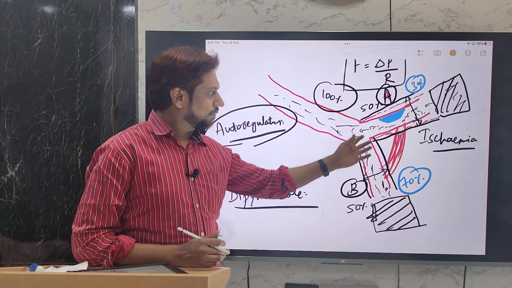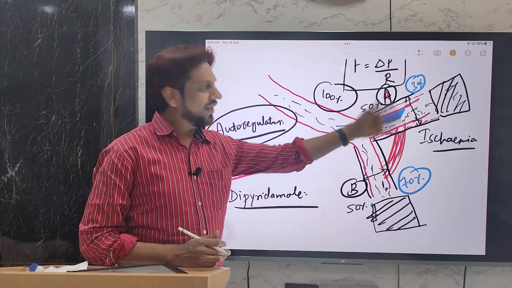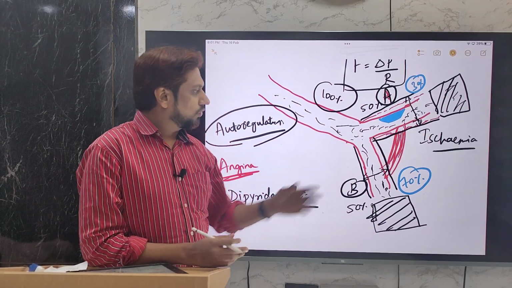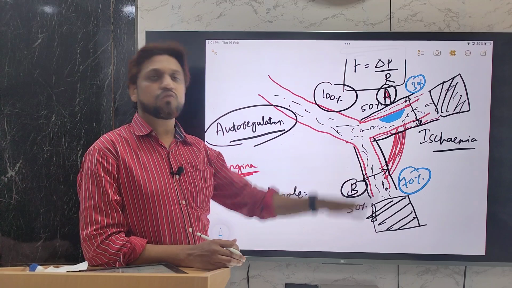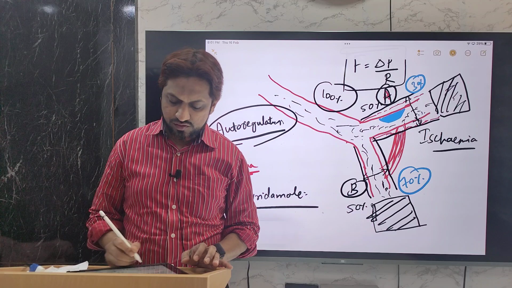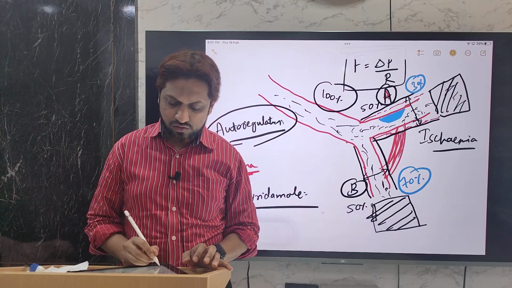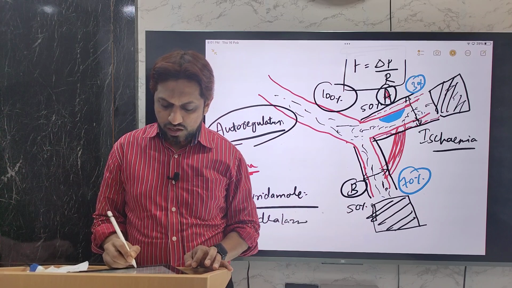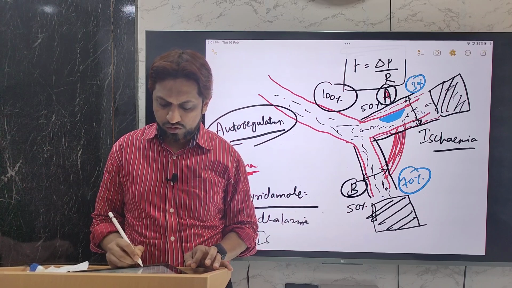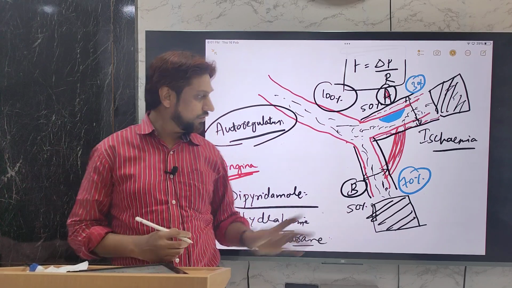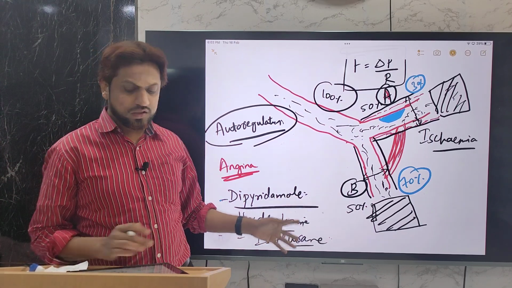So the already ischemic area will get less supply and the normal area will get more blood flow. Because of this vasodilation, this phenomenon is called coronary steal syndrome. Other drugs which cause this coronary steal phenomenon are hydralazine and isoflurane. Okay, the list goes on, but these are the important ones.